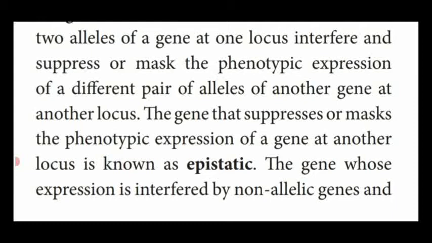Another girl is sitting on the same bench but in the other corner, that is a different gene at a different locus. Both of them have pairs of alleles. So any one gene which suppresses or masks the phenotypic expression of the other gene at a different locus is said to be epistatic.